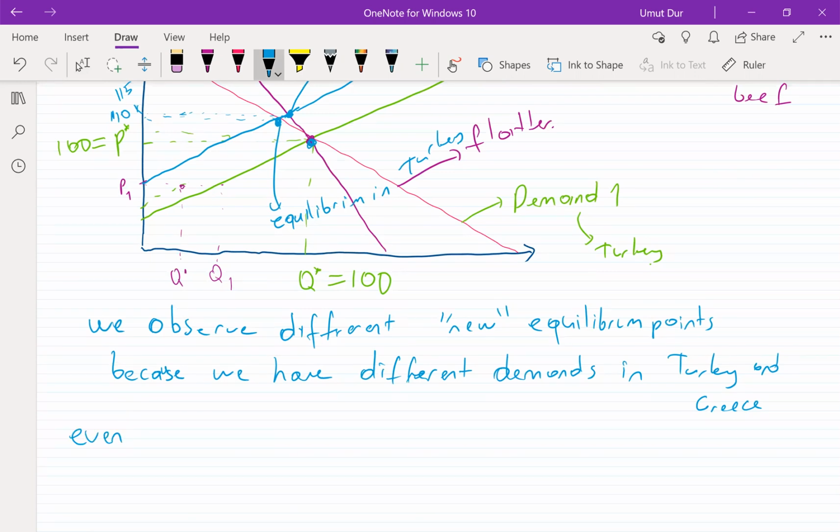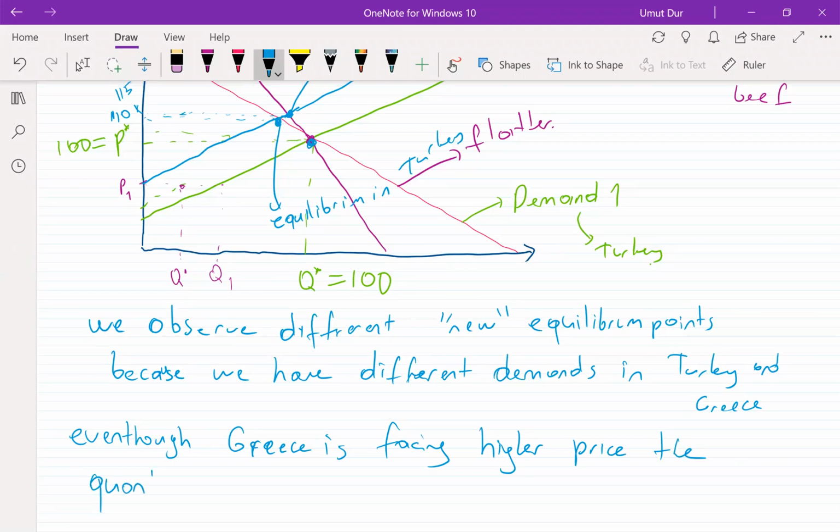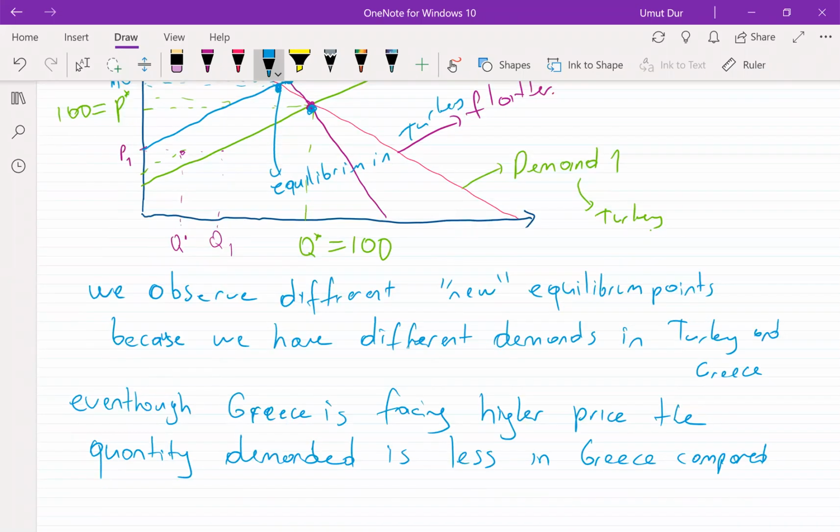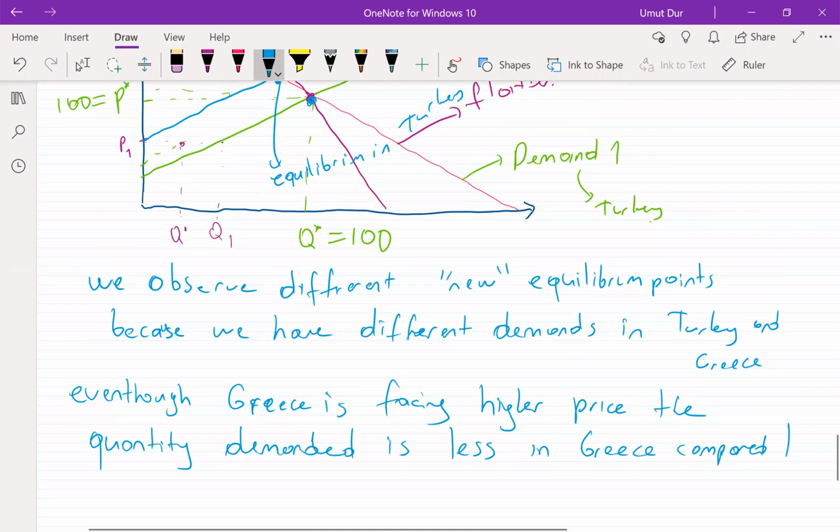Even though Greece is facing a higher price, the quantity demanded is less increase compared to Turkey.